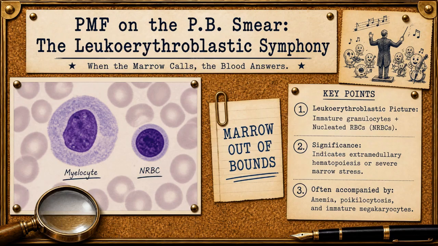This leukoerythroblastic picture is often accompanied by other findings. You'll almost certainly see anemia, as the fibrotic marrow struggles to produce enough red blood cells. Your ability to recognize this combination of immature granulocytes and nucleated red blood cells on a peripheral blood smear is a crucial diagnostic skill. Let's zoom in on those fascinating teardrop cells next.